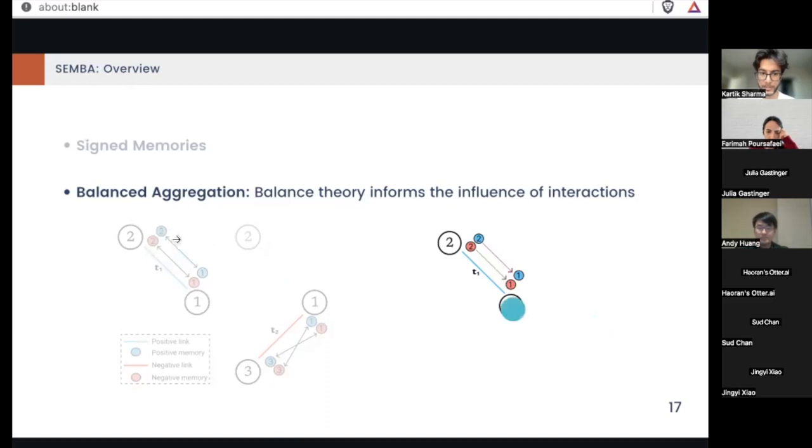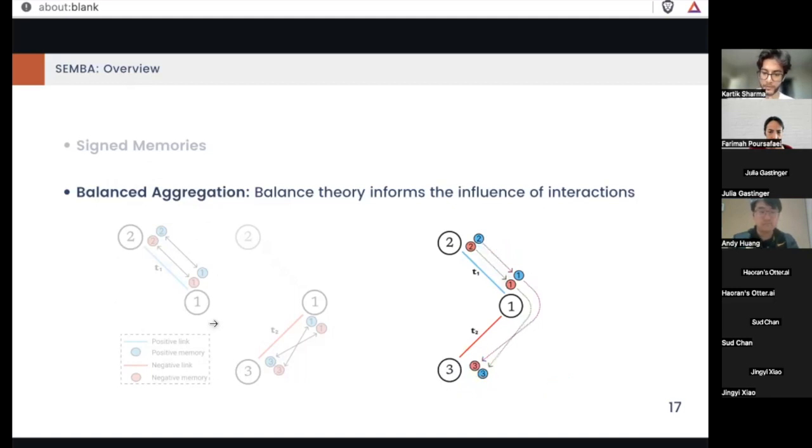So let's say at timestamp T1, the positive memory of node 1 is influenced by the positive memory of node 2. And at timestamp T2, the positive memory of node 1 influences the negative memory of node 3. If we now look across the different timestamps, it means that the positive memory of node 2 indirectly influences the negative memory of node 3.